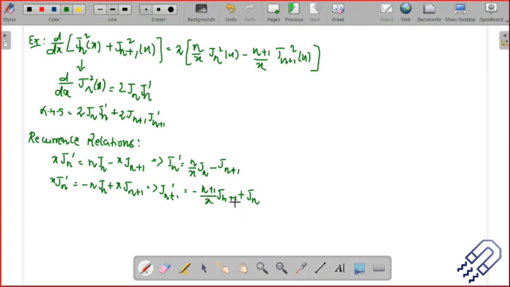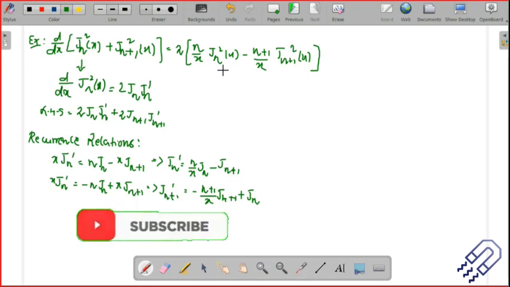So what you can do is replace this Jn dash and J n plus 1 dash. When you replace it here, you should be getting this. So I'm not going to do it. If you just replace it, that's it. It's only about adjustments.